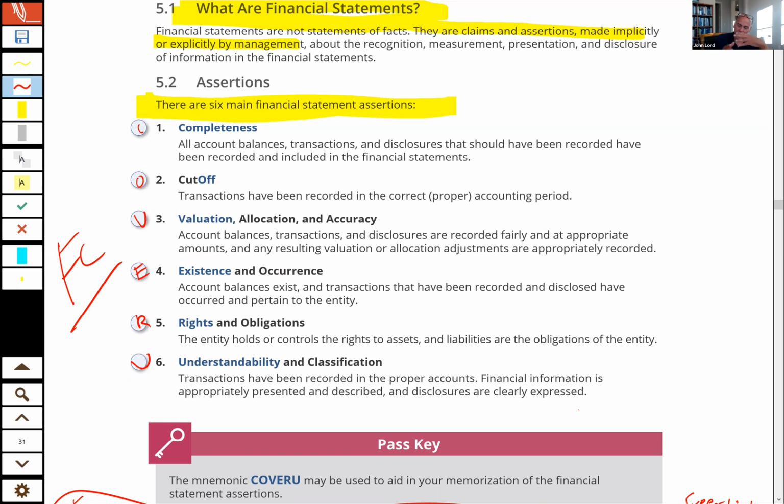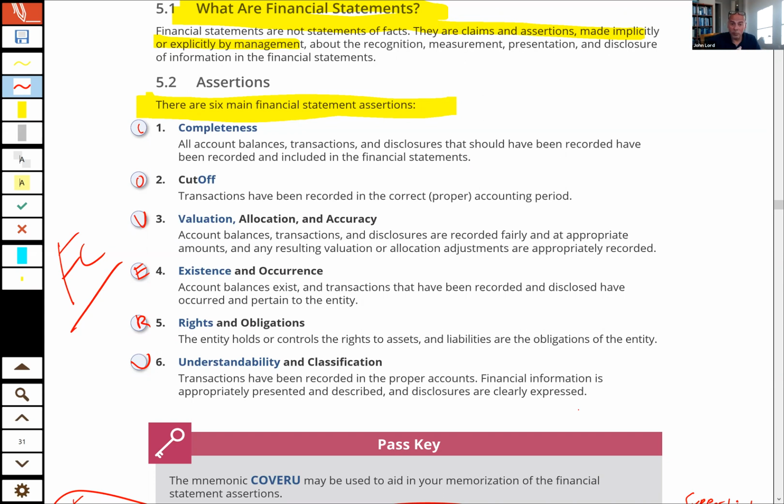Okay, existence, from the financial statements to the supporting documentation. Completeness, supporting documentation back to the financial statements. Rights and obligations. Even though you can see that an asset exists, right? You saw it on the financial statements, and then you went and found the asset. Yep, it exists, but do they own it? Do they have the rights to it?